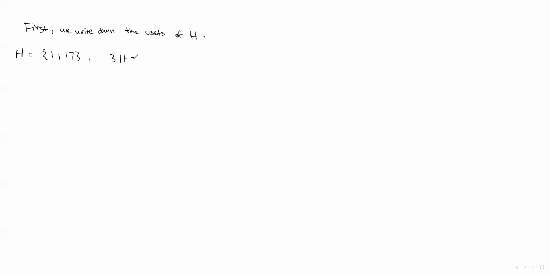There's 3H, which is, you multiply 1 and 17 by 3, and then you get 3 and 51, which is 19 mod 32. And then there's 5H, which is, do the same thing, so you get 5 and 85. 85 mod 32 is 21.